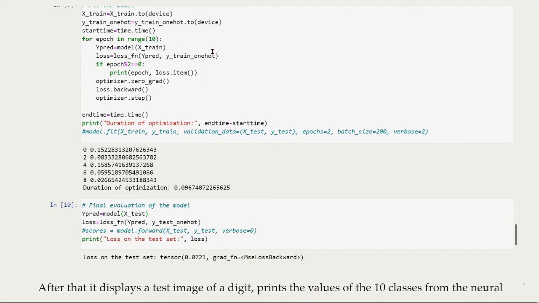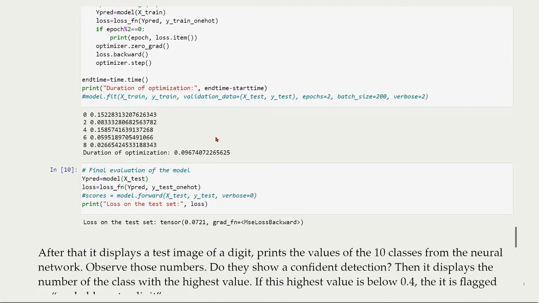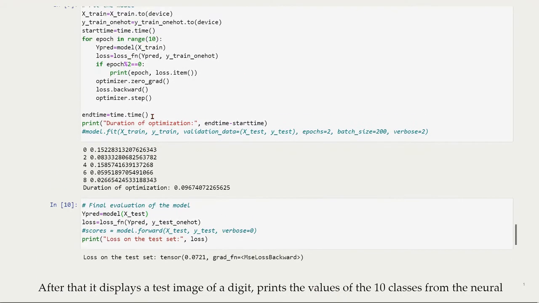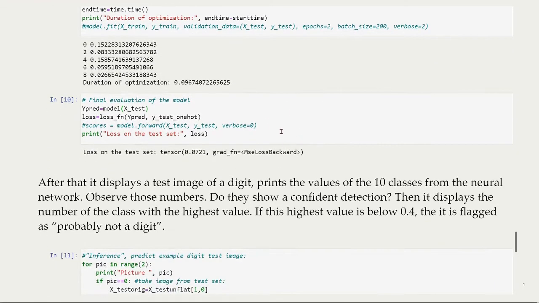It's the same procedure, and we have the losses after every second epoch, and now we also get the final evaluation of the model. We get the loss on the test set. It's higher than the loss on the training set, as we expected and as we've seen before.